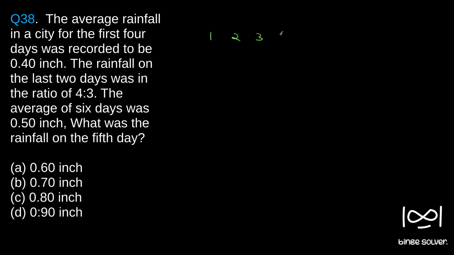The average rainfall in the first 4 days was 0.4 inch. So total rain that fell in these days is 0.4 into 4, which is 1.6 inch.